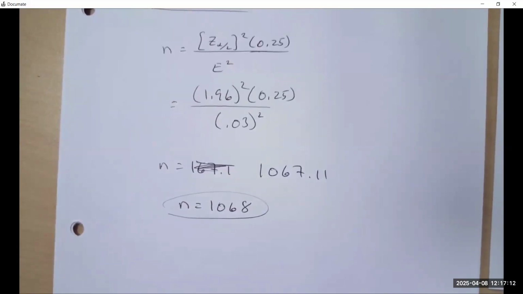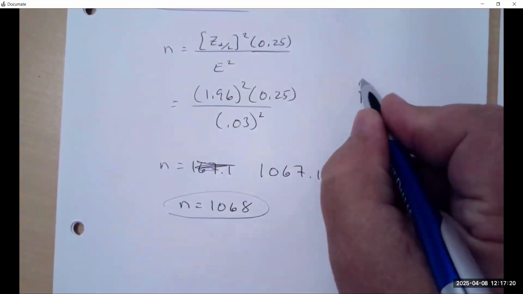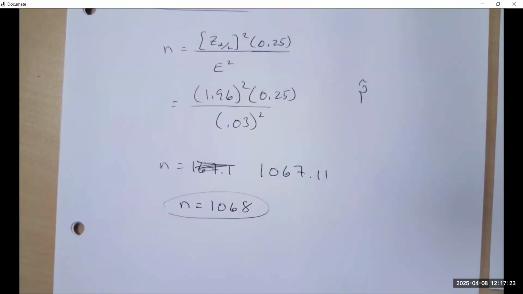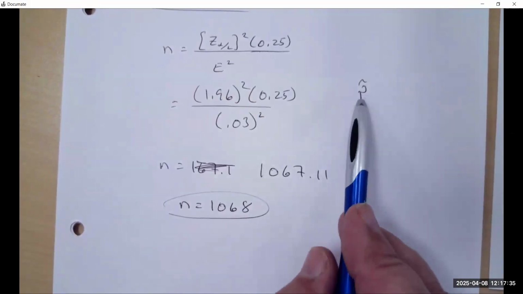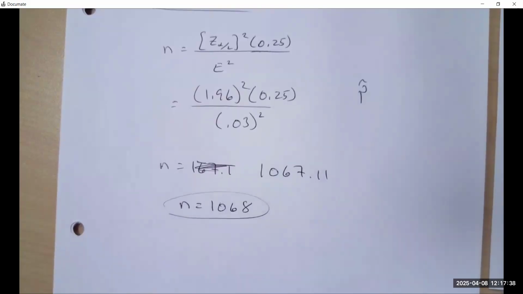Why is this a big change of numbers? Because with this one, the sample proportion P hat is unknown, so we aren't too confident about it. Since we're not too sure about it, we need a bigger sample size. If we knew more information, the P hat, then we can get a smaller sample size. How much difference was there between those two?